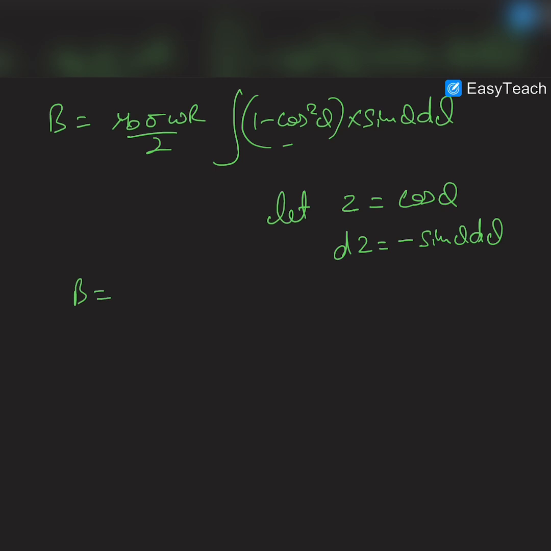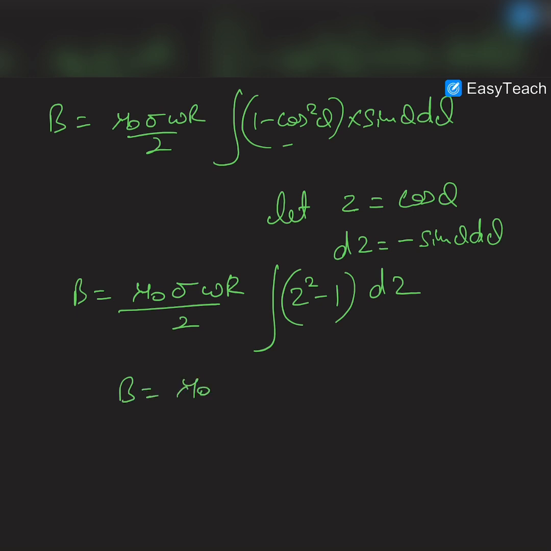So B will be equal to mu naught sigma omega R by 2, and this will be equal to the integral of z square minus 1 into dz, and integration of this will be z cube by 3 minus z.